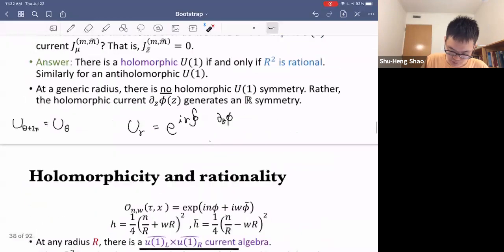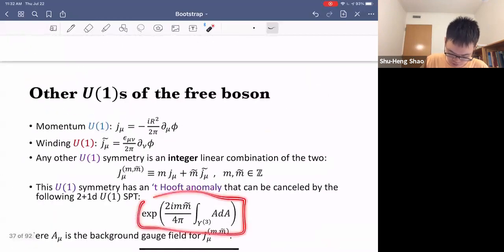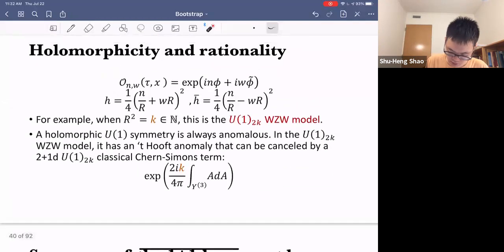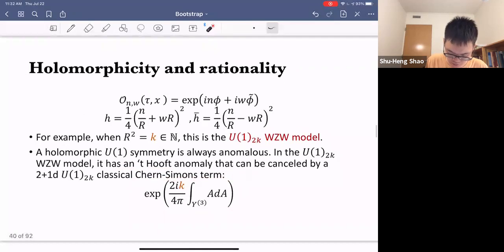And if you use the formula right here for the general current, you'll see that this holomorphic U1 has an anomaly that has to be canceled by this classical Chern-Simons term in 2 plus 1D. And this is nothing but the U1 level 2K Chern-Simons term. The connection between the anomaly of this WZW model and the Chern-Simons term is the famous Chern-Simons WZW correspondence.